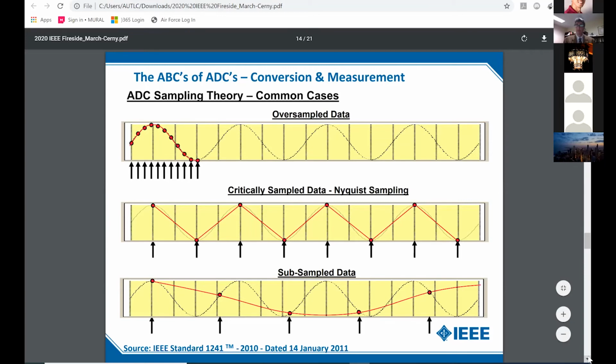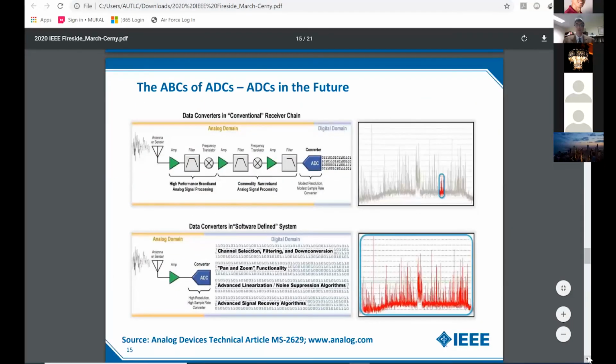All right. So where are things moving in the future? In the top picture, you see a very common representation of how the addition of components in the analog domain, which is in the yellow-orange, allows you to have just a smaller portion of the picture of what is a very broad bandwidth of frequency and information.